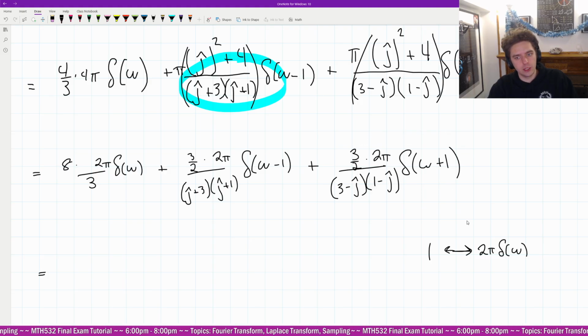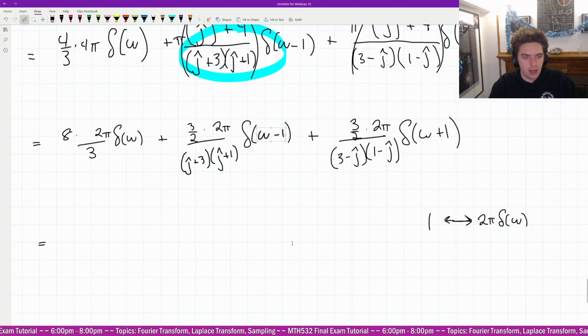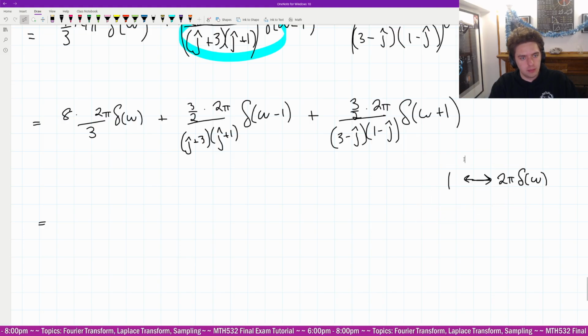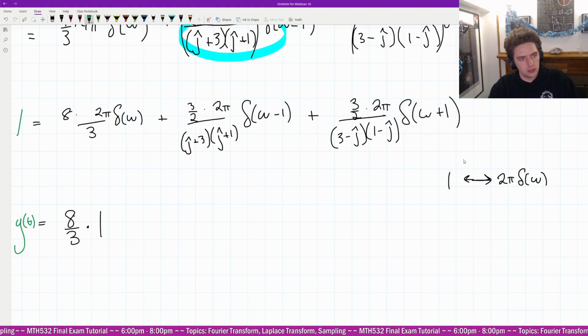So now we can do our transforms. I'll deal with the fact that I have a bunch of coefficients here, and I have the shift, but I can still do the transform in the meantime. So it's going to be 8 over 3 times 1. So this is now y of t, by the way.